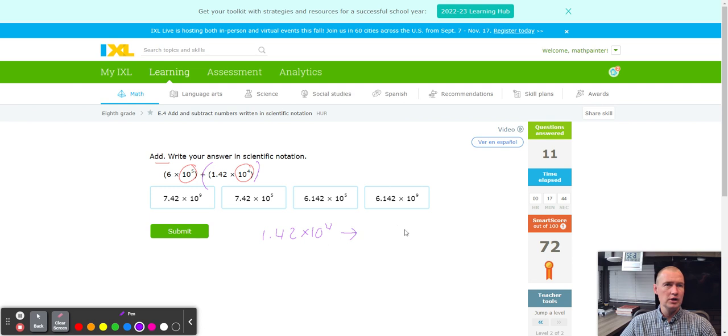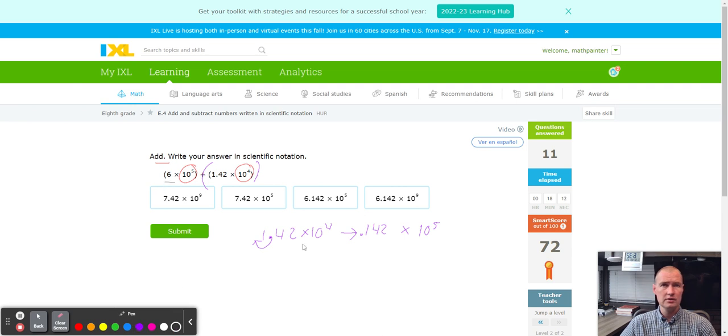But then I want to go for 10 to the 5th power because I want to make that 5th power match up. In order to do that, we're going to move the decimal over one place to the left. So then I'm going to get 0.142 times 10 to the 5th.